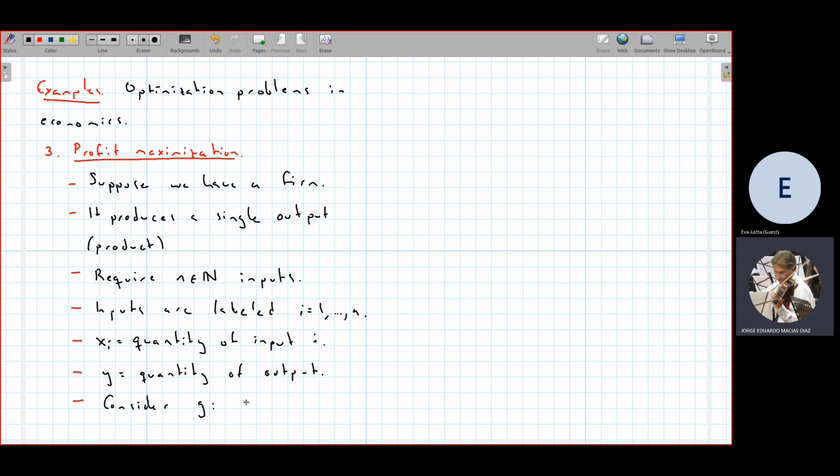This function goes from R plus n into R, and we're going to call it the production function, which is sometimes also called a technology function.